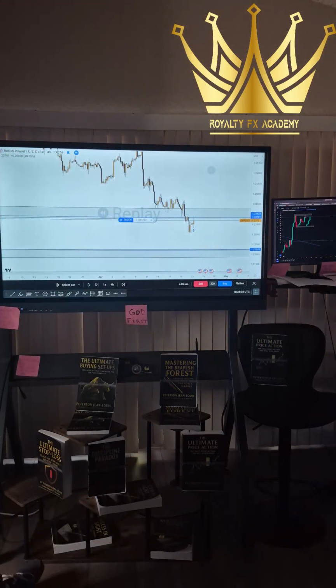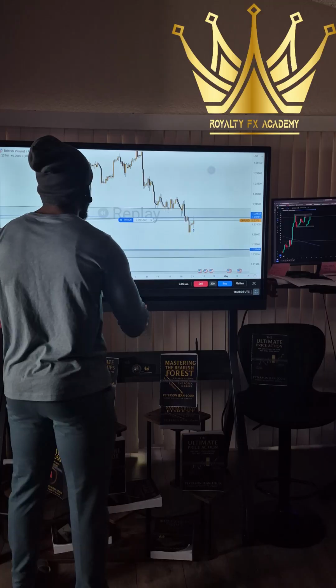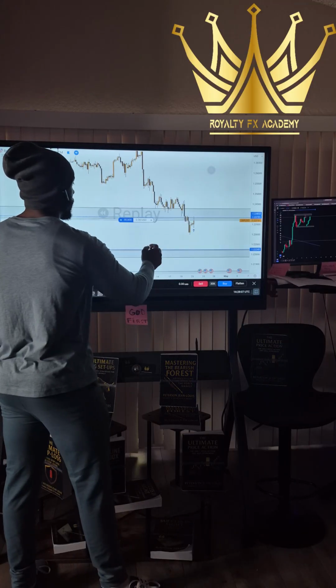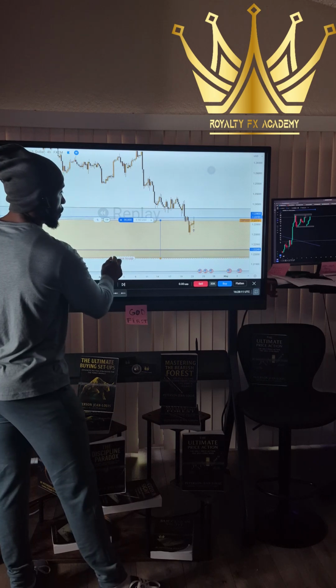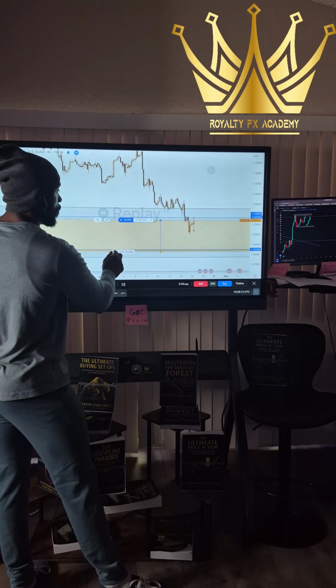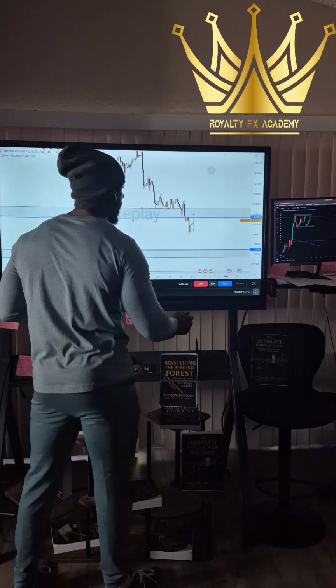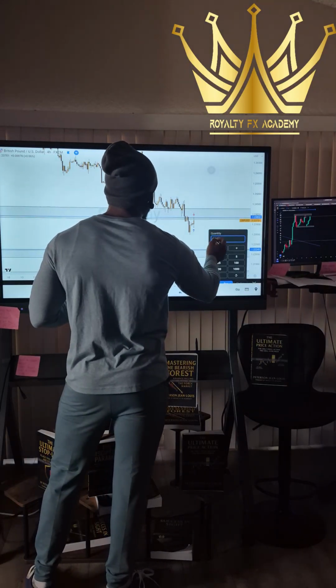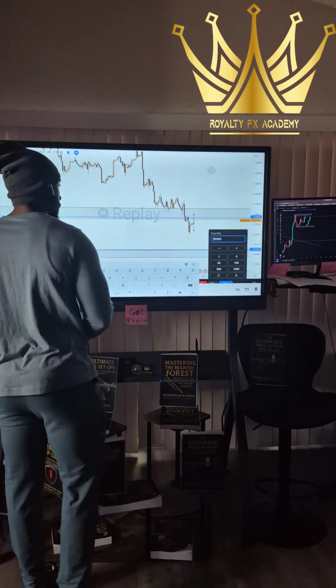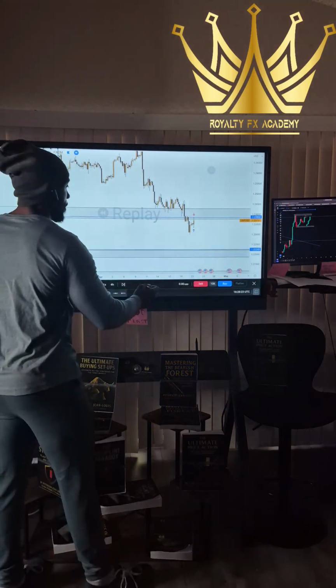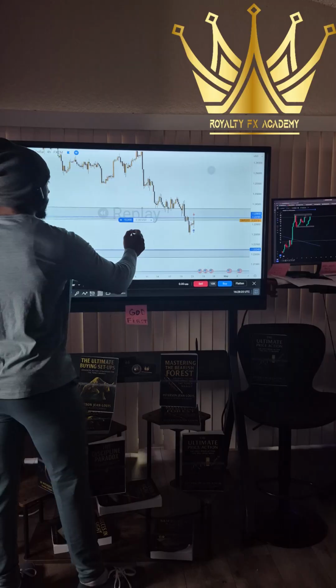Down there. Okay, so we already know, based on the previous trade that we took, our stop loss would be way too much. So guess what we have to do? We have to change our lot size, right? So let's make this a 1 for now. Buy here, stop loss.